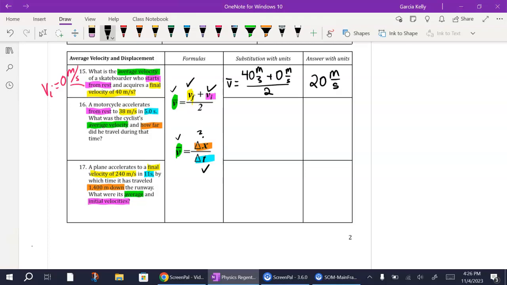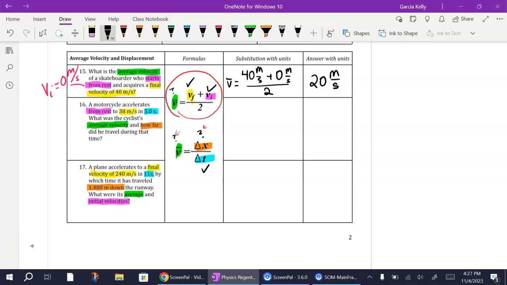Oh, but they're asking what was the average velocity? Well, in this case, I have two unknowns. So if I try to use this second formula, I have two unknowns. That's bad. I can't solve anything with that. However, I can solve using this one, because I know most of the things in here except for one thing.